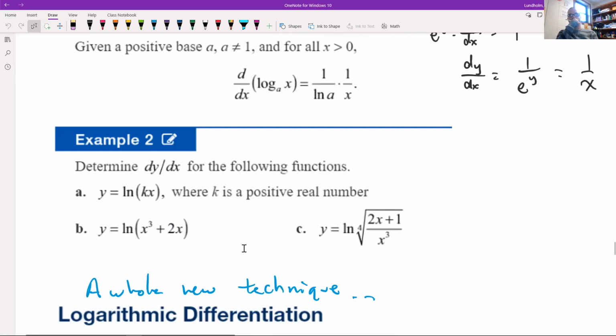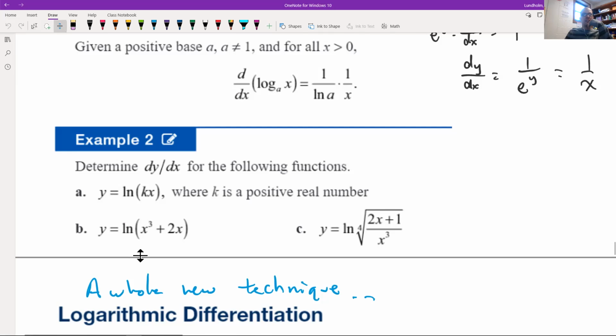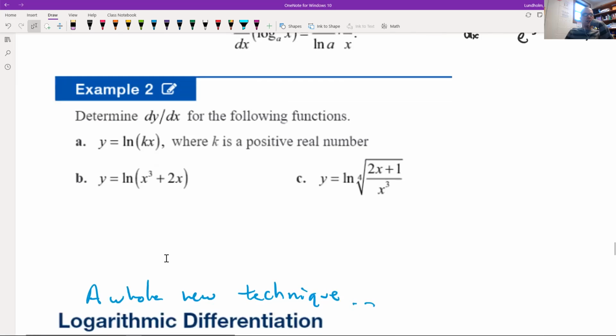I don't know, we could do one of them. Let's do A. A is actually the most simple to do algebraically, but it probably has the most value in terms of realizing that there's something cool going on. So let's just do this one real quick.